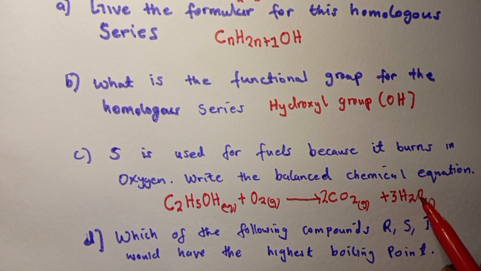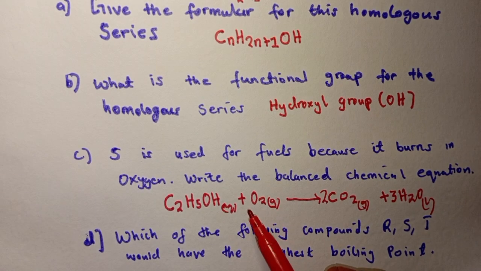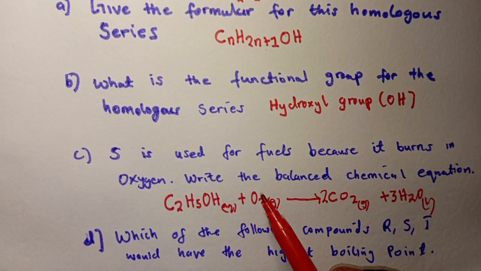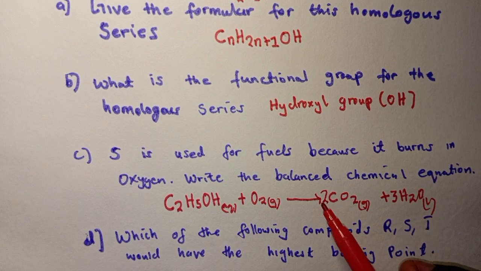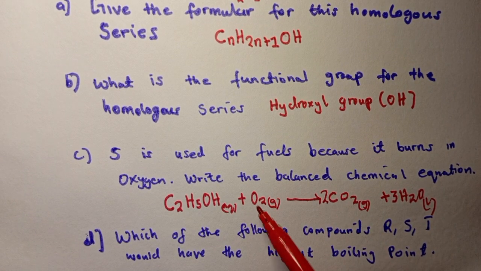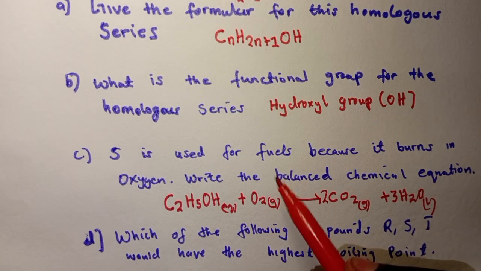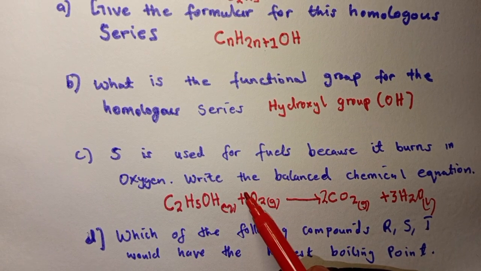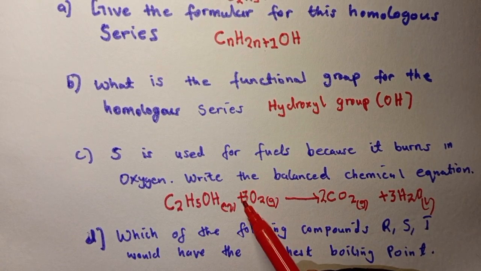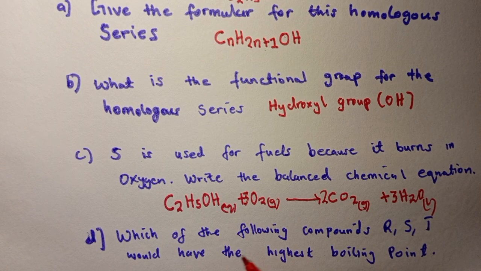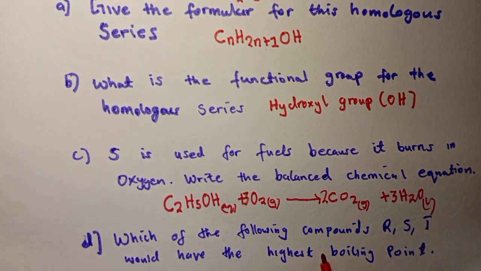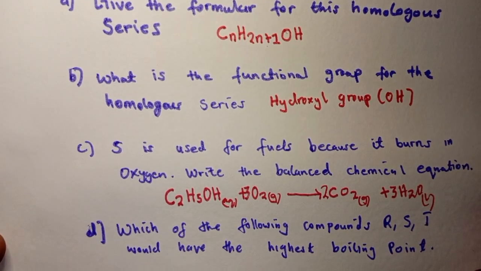Plus 3, oxygen here happens to be 5 atoms. That is 7 actually, because 3 plus 4 is 7. So now we just put 3 here. 6 plus 1, 7. Everything is balanced.